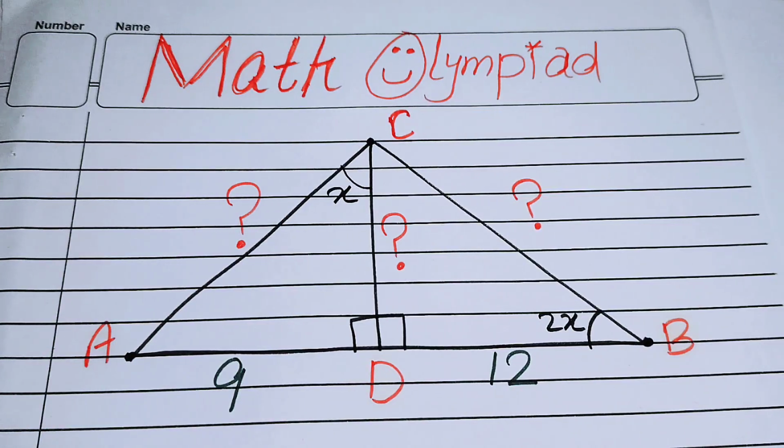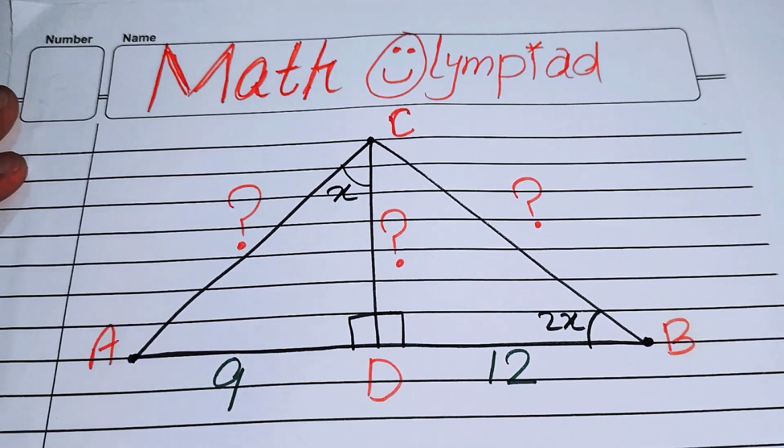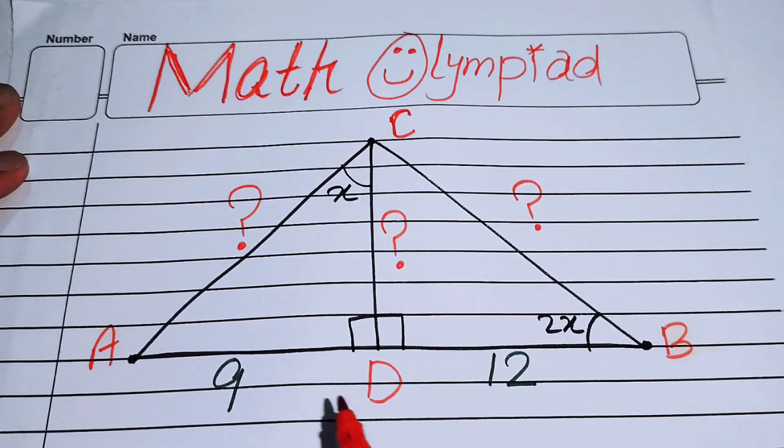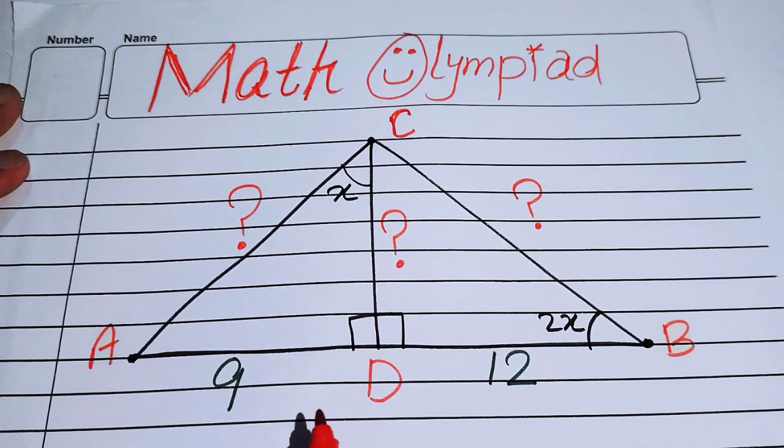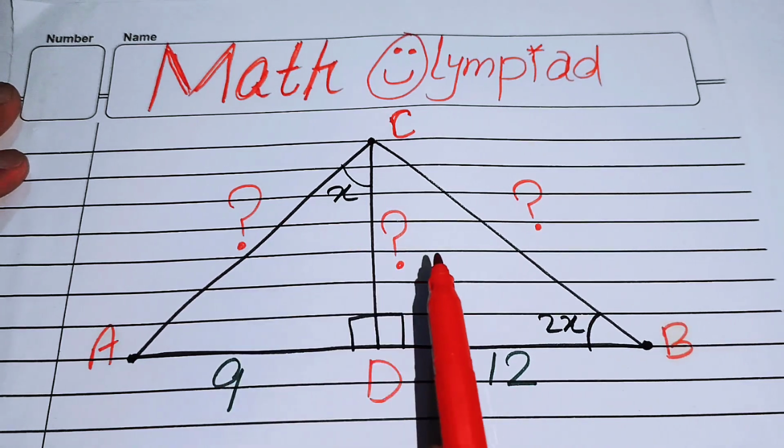In this video we are going to solve this nice geometric problem. Here we have this nice triangle in which some sides are given, and we will find the values of the other sides.